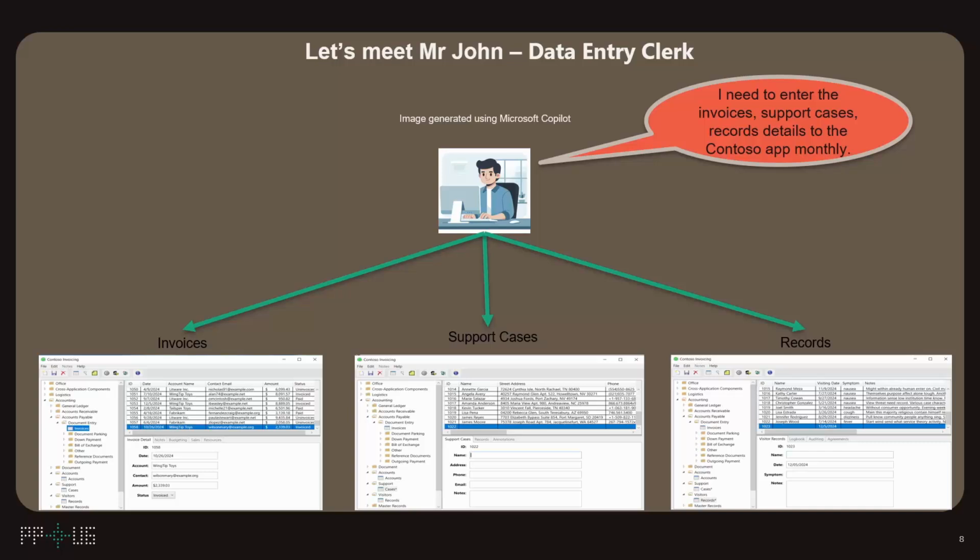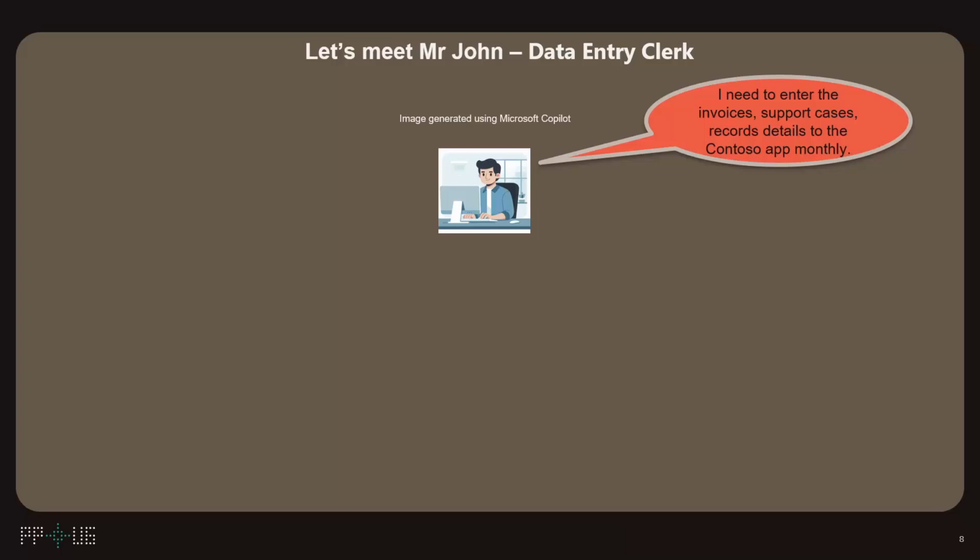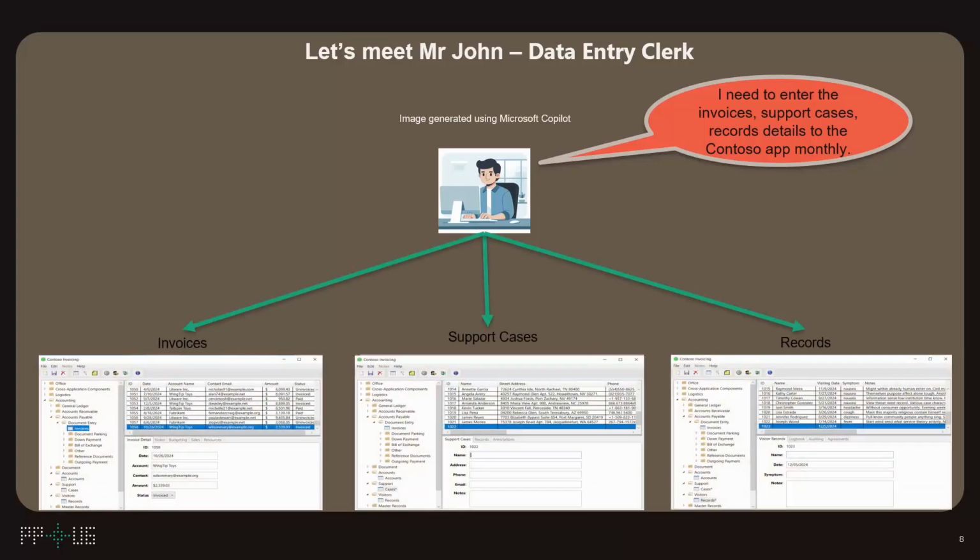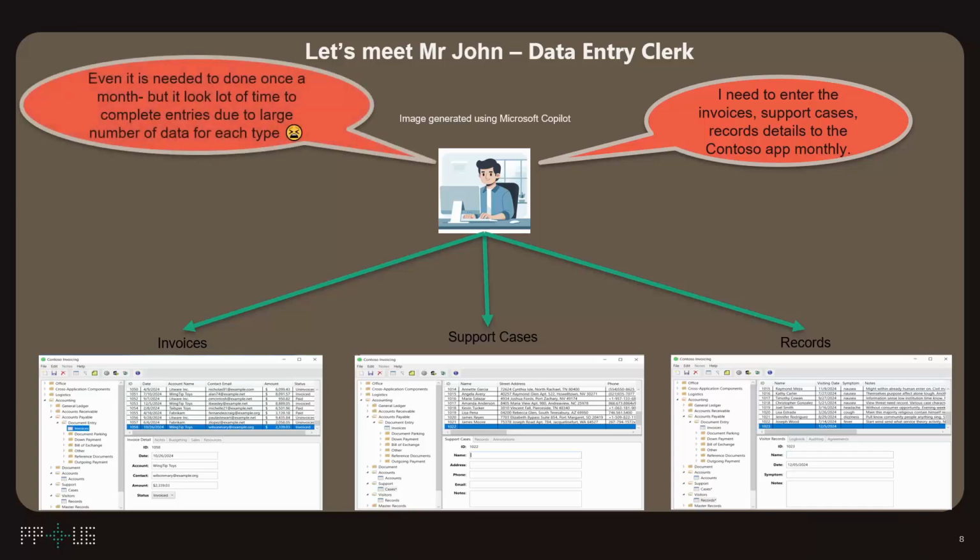This is the Contoso application. In the Contoso application we have a section for invoices, a section for support cases, and a section for records. He needs to do data entry in these applications. He's doing this manually at month end, and he is facing a big problem there, because the amount of data he needs to enter for these three tabs will be large, sometimes in the range of 100.